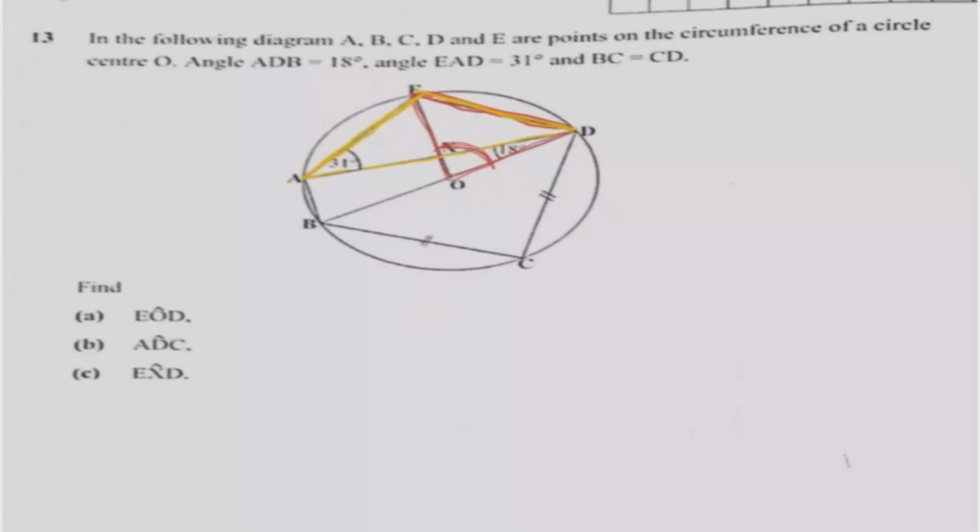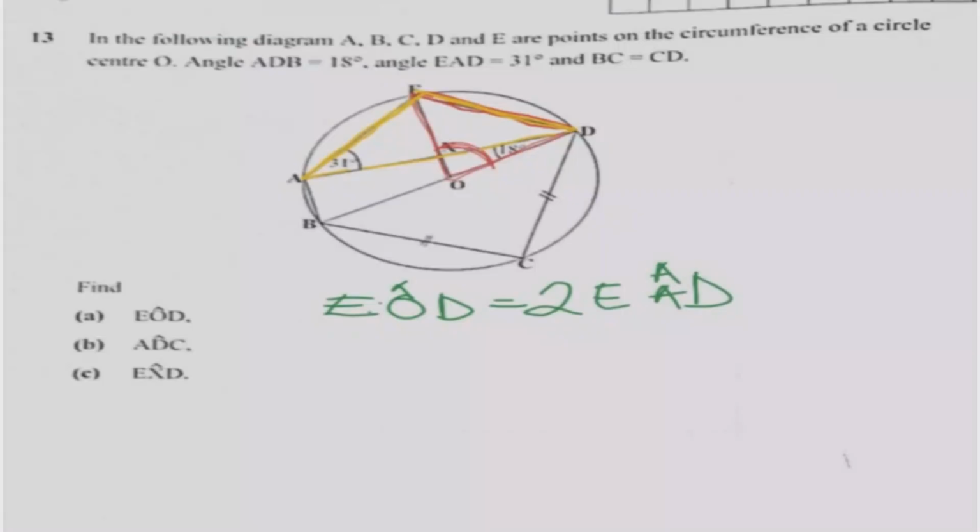To find the value of angle EOD, the angle EOD is equal to 2 times angle EAD.